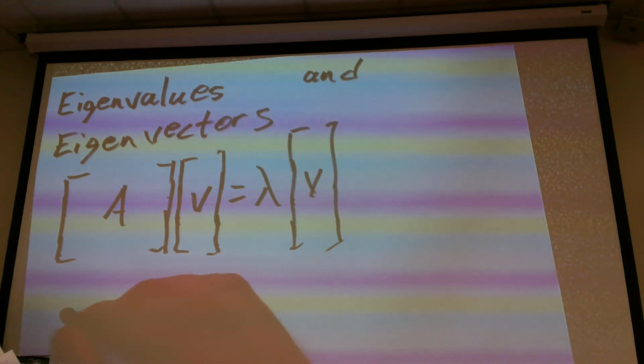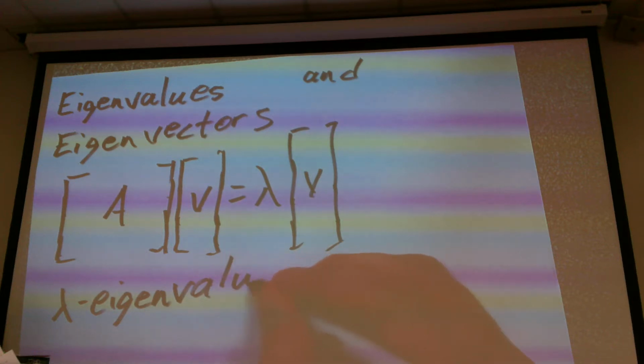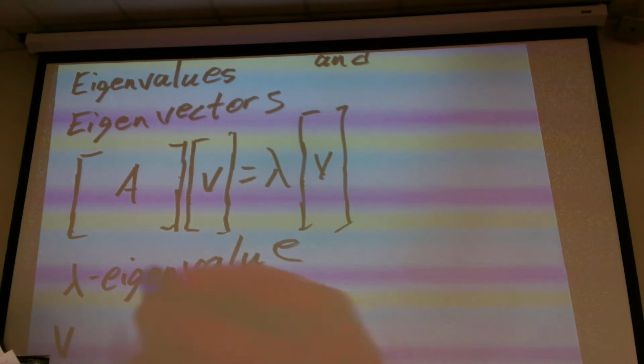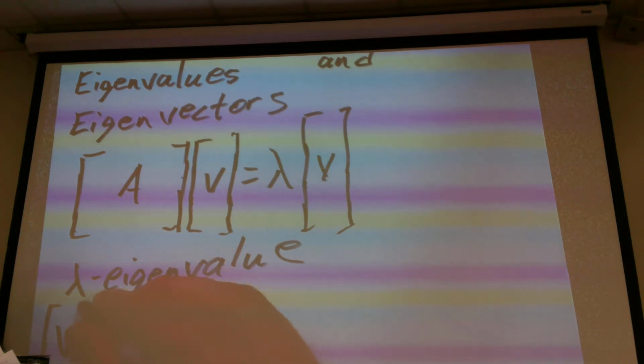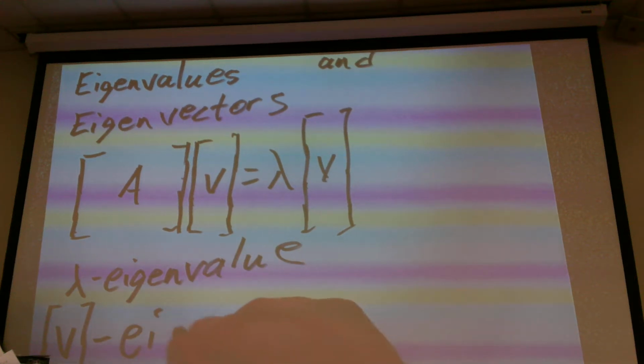Well, lambda is the eigenvalue and V, let's do it like this, is the eigenvector.